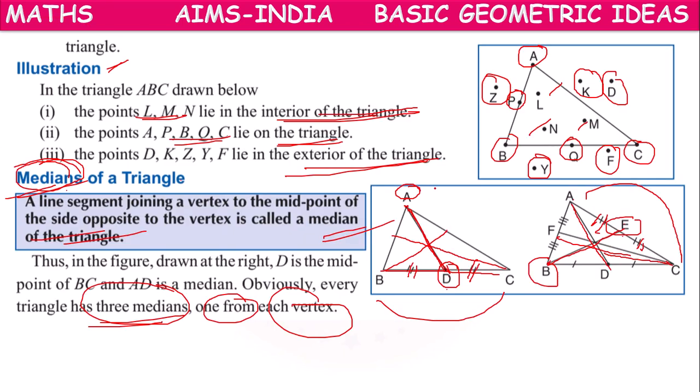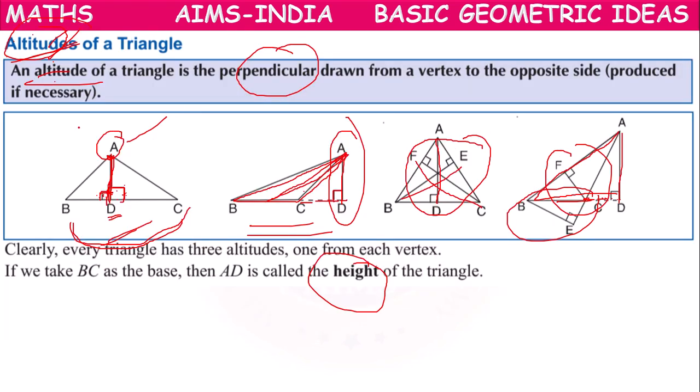Here, altitudes are different from medians, children. Median means from the vertex to the midpoint of the opposite side. Altitude means from the vertex, a perpendicular line to the opposite side, not a point. That line touches at a point; it may be in the middle, it may be outside, it may be inside. That line is called altitude.